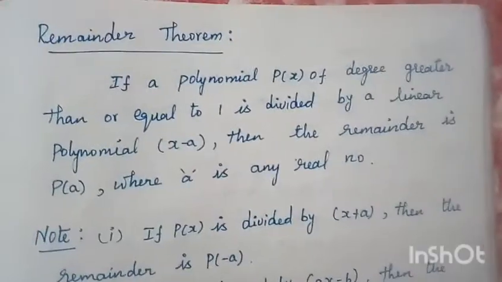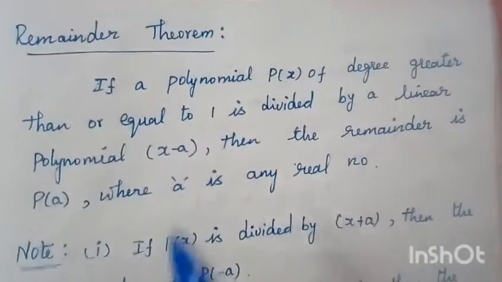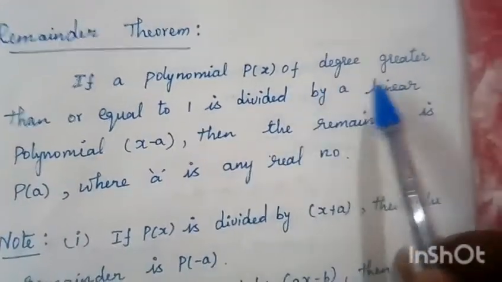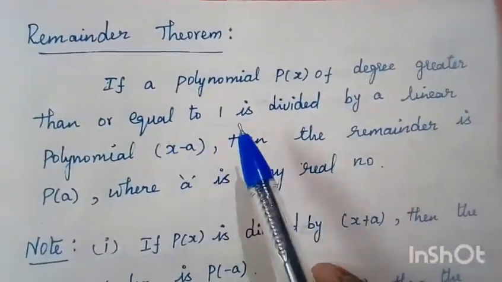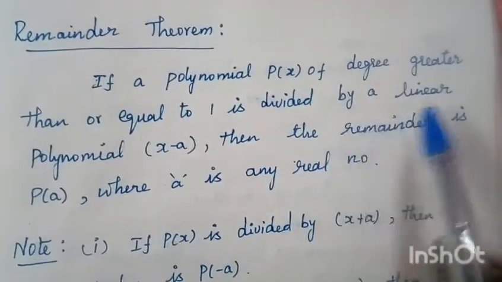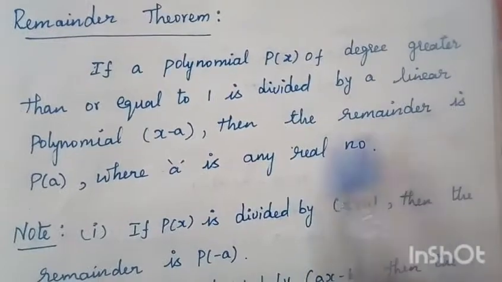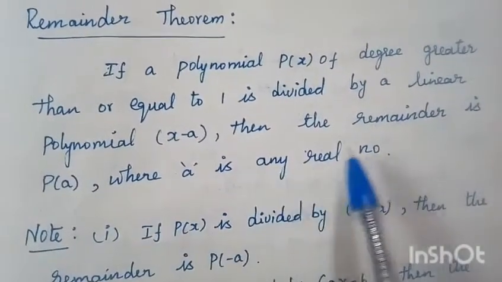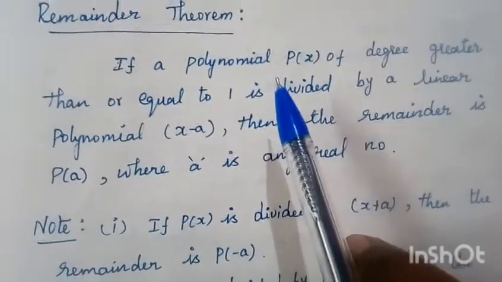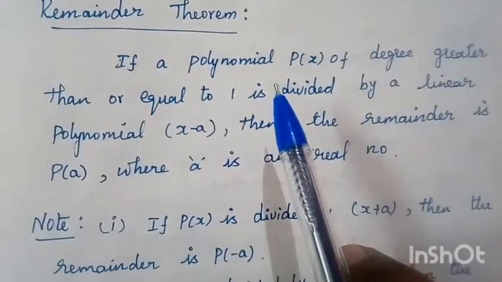Now, the remainder theorem. If a polynomial p of x of degree greater than or equal to 1 is divided by a linear polynomial x minus a, then the remainder is p of a, where a is any real number. That means previously we used only one polynomial.